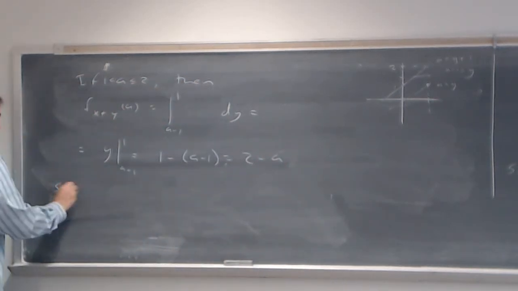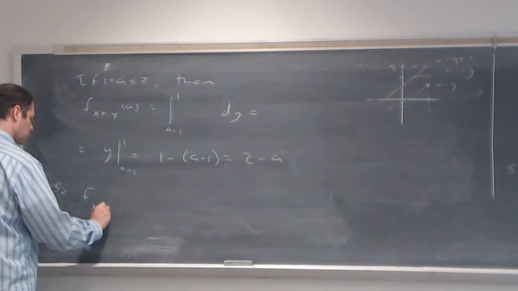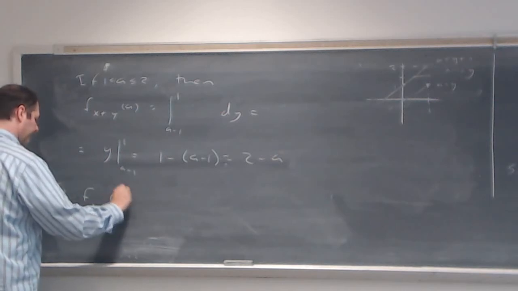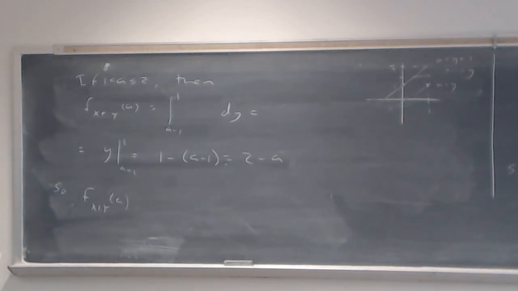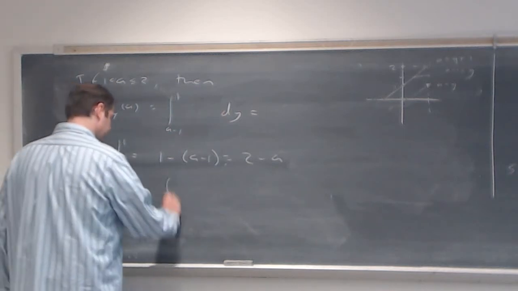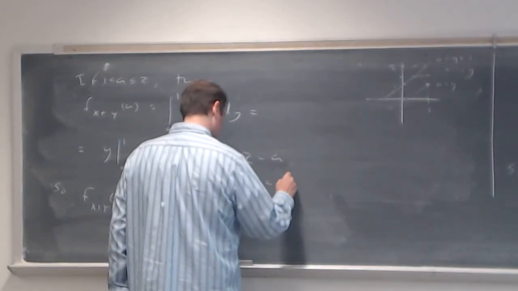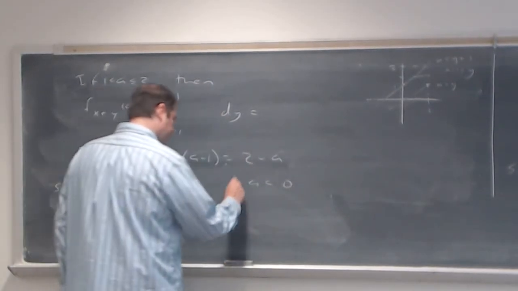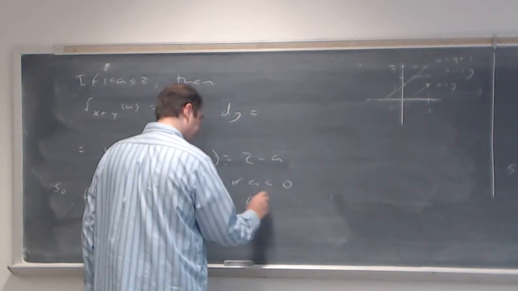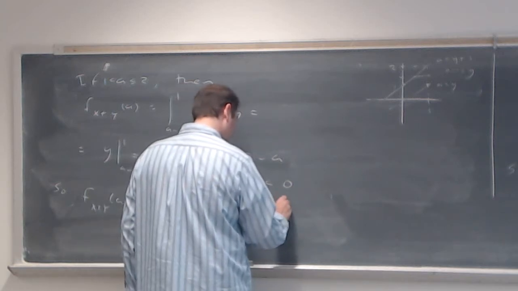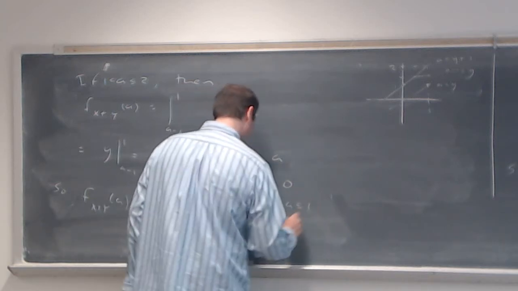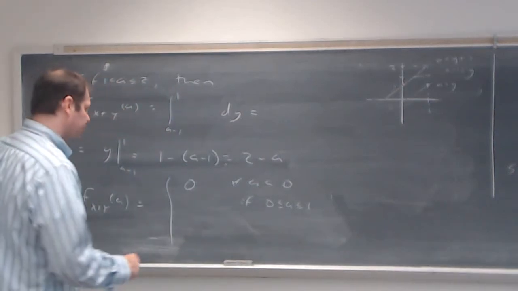So here's what we get for f sub x plus y of a. First of all, I made those restrictions that a had to be between 0 and 2 because of what x had to be. Really a could be anything, but if a is less than 0, we get 0. If a is between 0 and 1, what we got was just a.